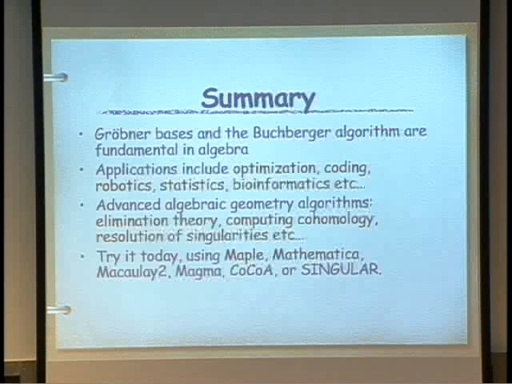Summary. Gröbner bases and the Buchberger algorithm are fundamental in algebra, and I mean undergraduate algebra. In China, I would mean high school algebra. Okay? Gröbner bases are fundamental for high school algebra. And in fact, you know them already, right? As soon as you write down terms, the first and the second, and you keep canceling, that's what you've done all along.